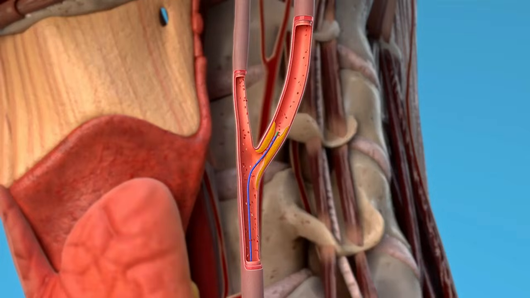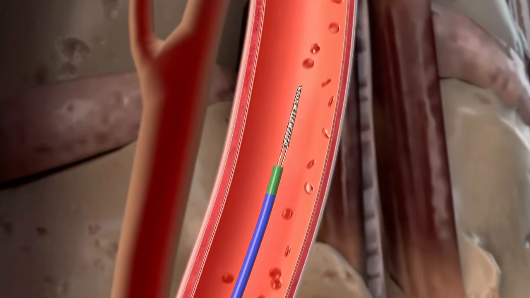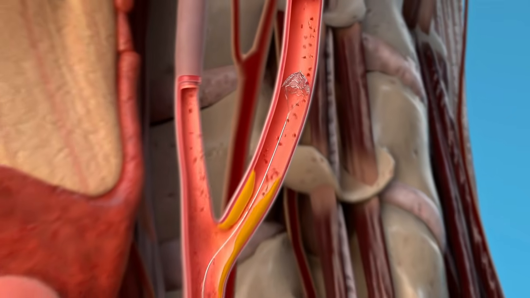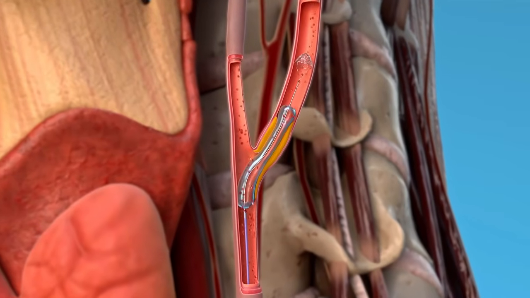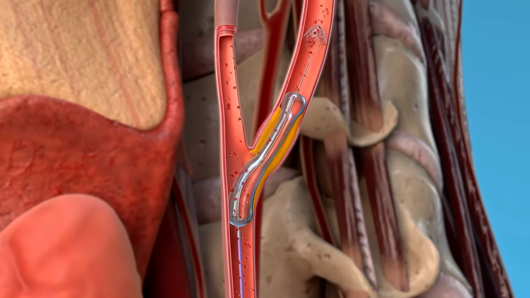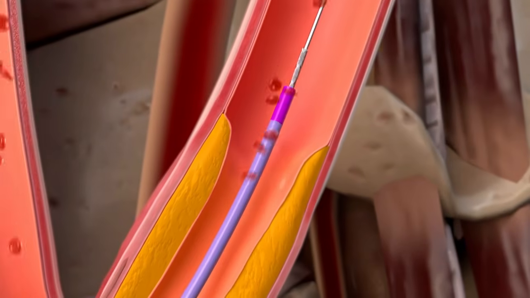The third method, transfemoral carotid artery stenting, is also a very good method, but it is for very select patients. Up until about maybe 5 to 10 years ago, this was a lot more commonly done, and I was part of a system where we did a lot of transfemoral carotid artery stenting. So this is something I'm very familiar with.